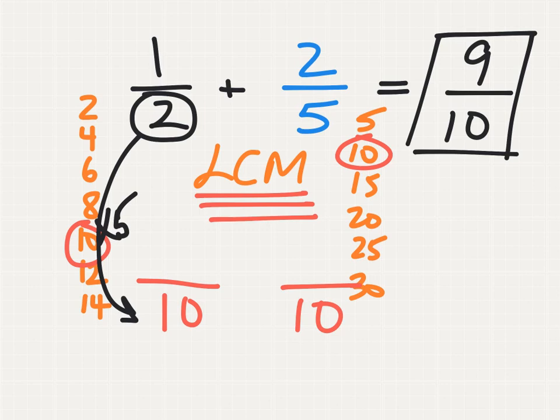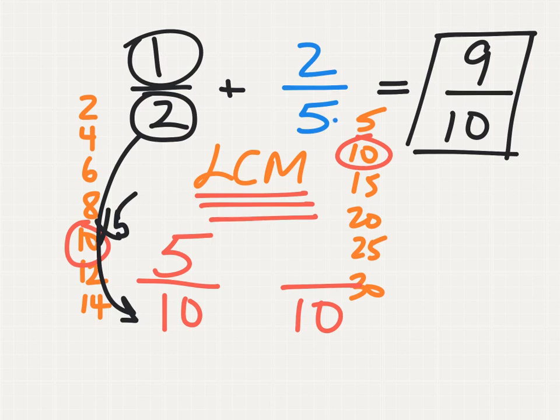I'm going to do the same thing to the numerator. So 1 times 5 is 5. So that 5/10 is exactly the same value as 1/2. I have rewritten the fraction 1/2 into an equivalent fraction of 5/10.